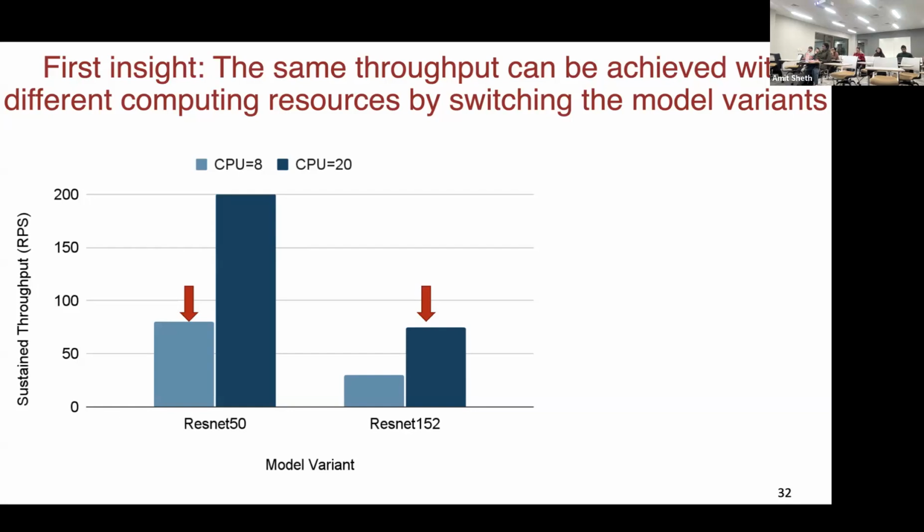This color shows that 8 CPU cores have been used for hosting this system, and the black ones show more resources, 20 CPU cores. 20 CPU cores is a larger resource, and you need to pay more to acquire these resources. 8 is less resource and obviously less expensive.